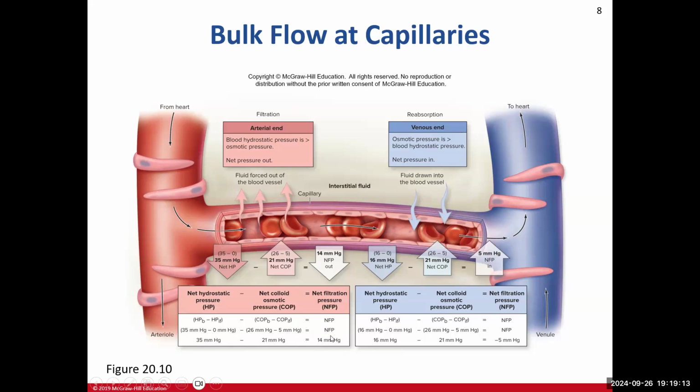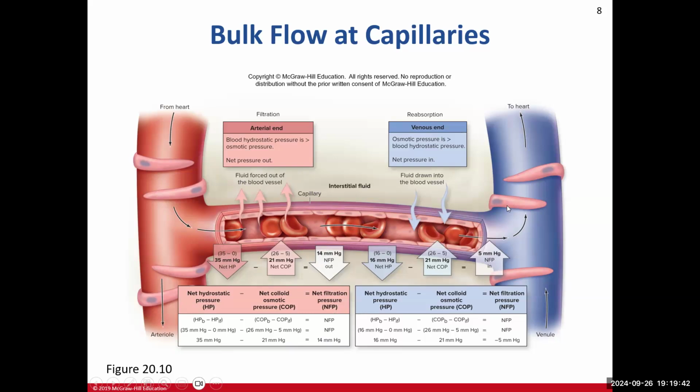So this positive number here shows that it's favoring filtration, and so fluid will exit out of the capillary. Oxygen is leaving with that fluid. Hormones are leaving. You're going to see glucose, nutrients, all sorts of stuff leaving the capillary, going out into the interstitial fluid here.